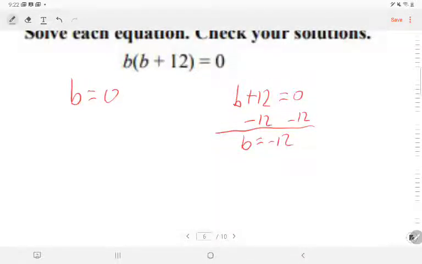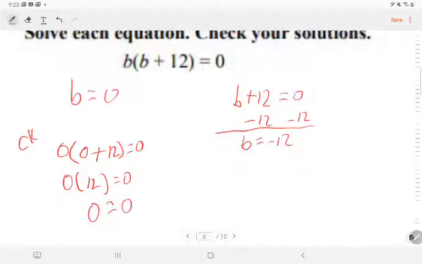All right, we need to check these. So my check, I would have 0 times 0 plus 12 should equal 0. Well, this would be 0 times 12 equals 0, or 0 equals 0. Check. On this one, I would have negative 12 times negative 12 plus 12 should equal 0.